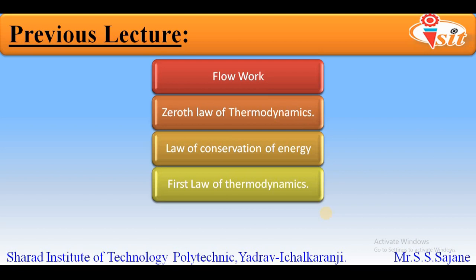The second statement was for a cyclic process, heat and work are mutually convertible. And the third statement was related to internal energy: the change in internal energy is equal to the difference of the heat transfer into the system and work done by the system.